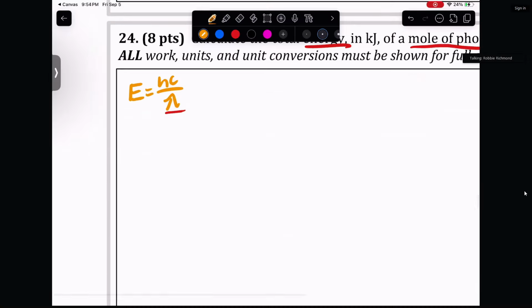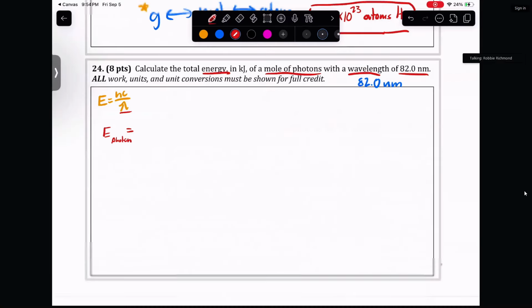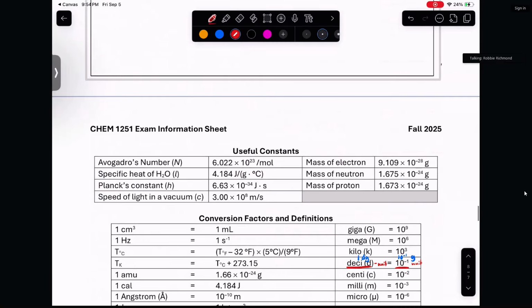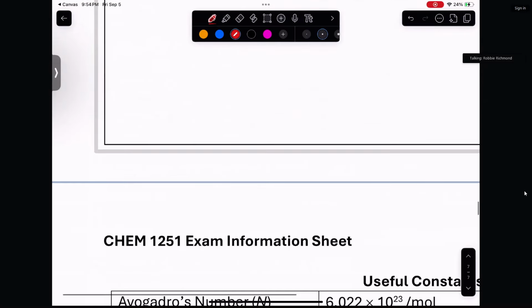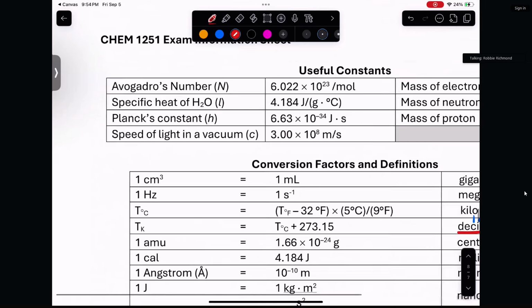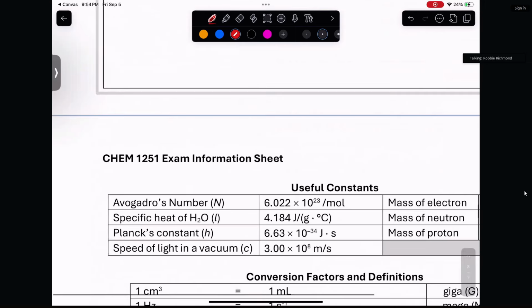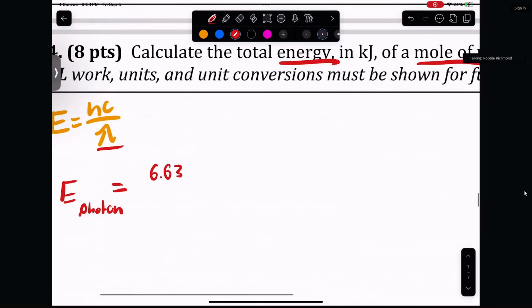So to kind of derive this and to get more accurate information about what's happening in the problem, I would put E sub photon equals Planck's constant, which you can find on the exam information sheet. I'm going to look at that real quick. 6.63 times 10 to the negative 34 joules times second.